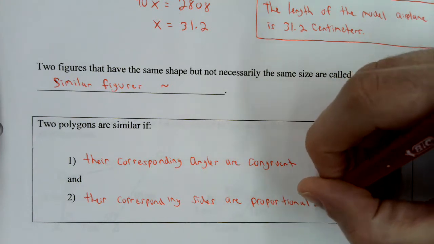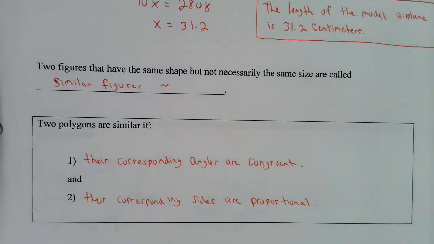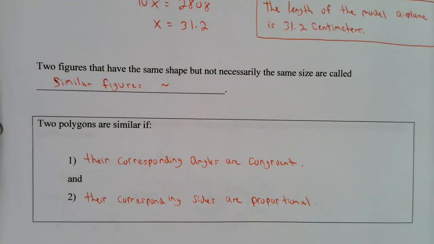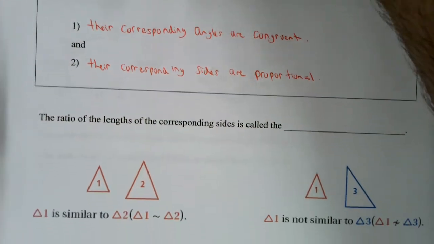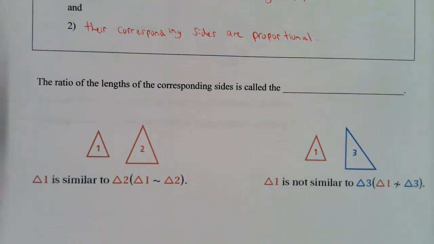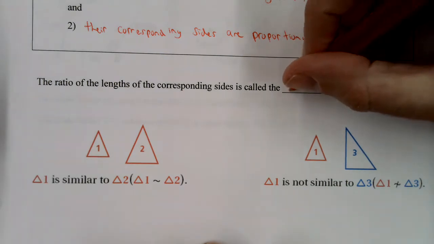Meaning if one side is 5 times its corresponding side in a similar figure, every side has to be 5 times that side. The ratio of the lengths of the corresponding sides is called the similarity ratio.